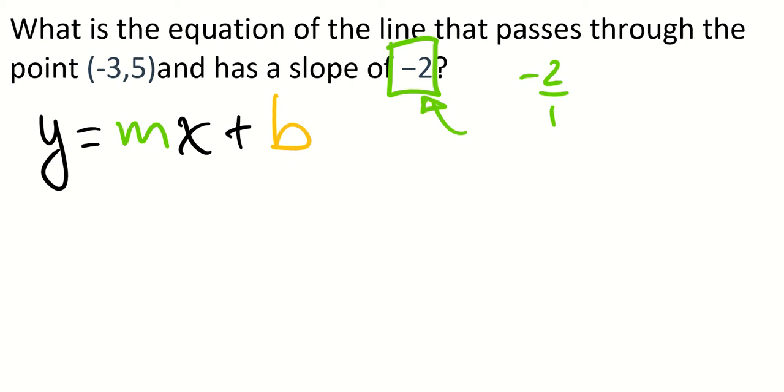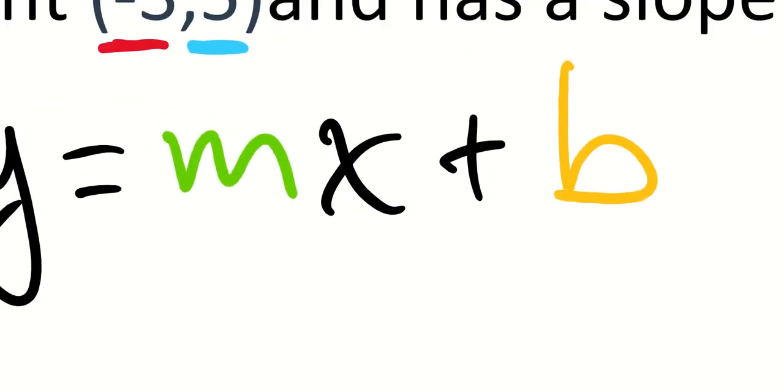We're also told a point. We are told the coordinates of a point, and if I think about that, that means that I'm given the x value and I'm given the y value of a point. I'm given an x and a y.